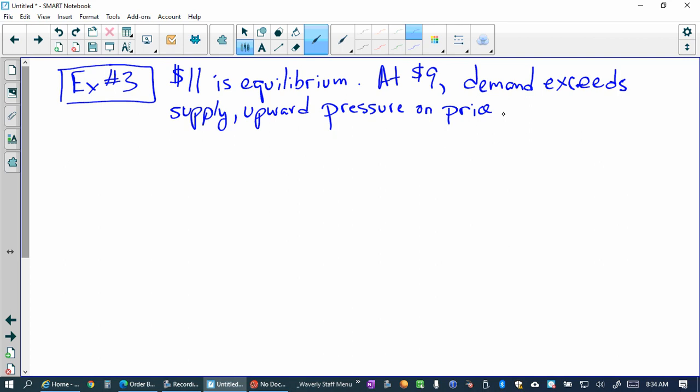You guys take a look at the check there. Read that over. See if you understand this. What's the check say? This graph says, okay, what happens if price is at $15? Remember, equilibrium is 11.